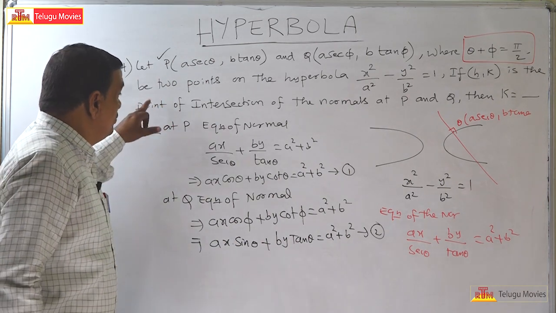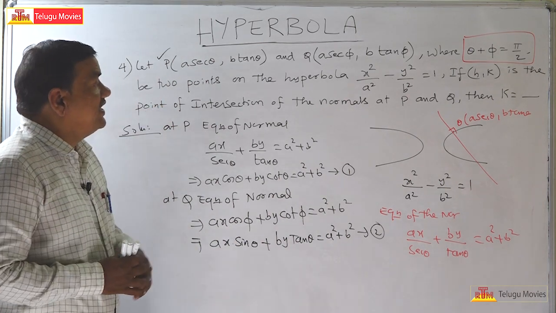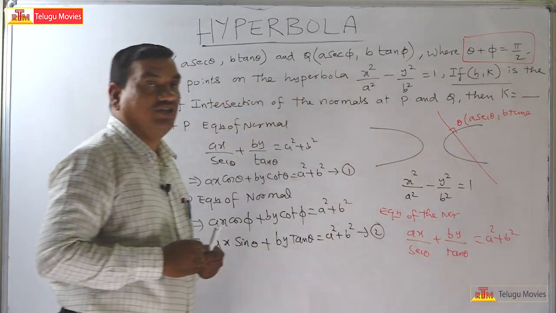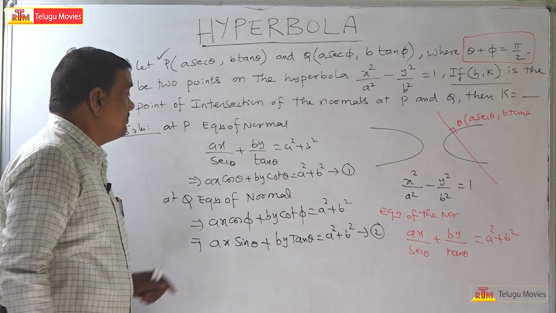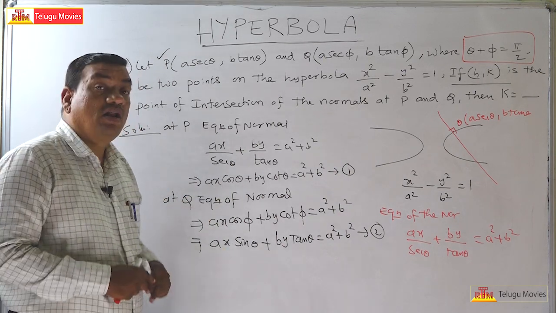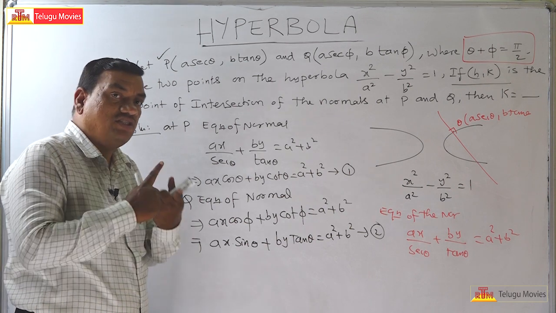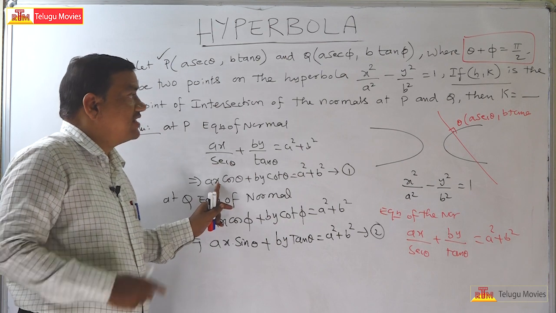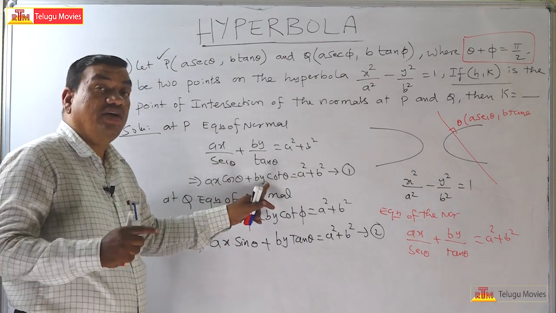Now these two are intersecting at a point (h, k). So that means the first normal passes through the point (h, k). The second normal also passes through (h, k). Since this is the point of intersection, in place of x we can substitute h, in place of y substitute k.